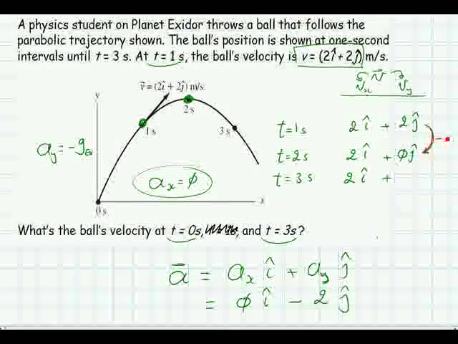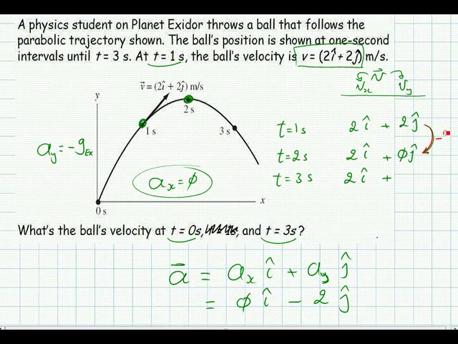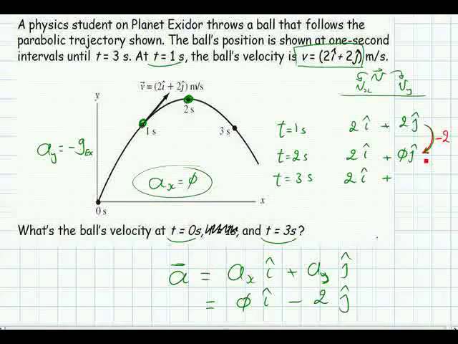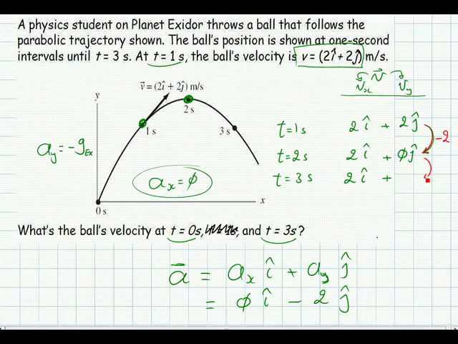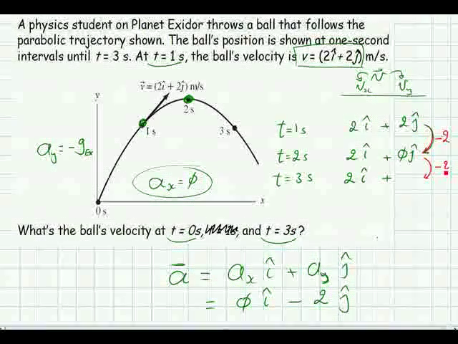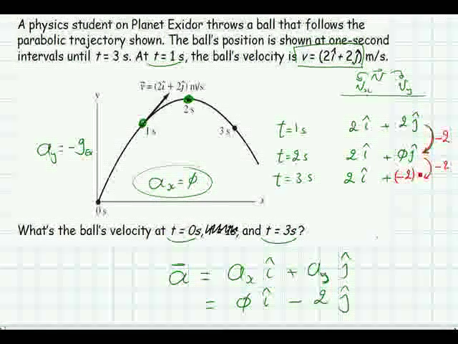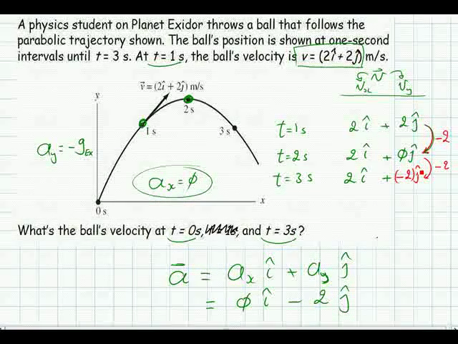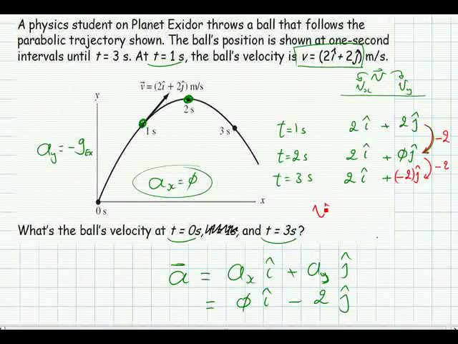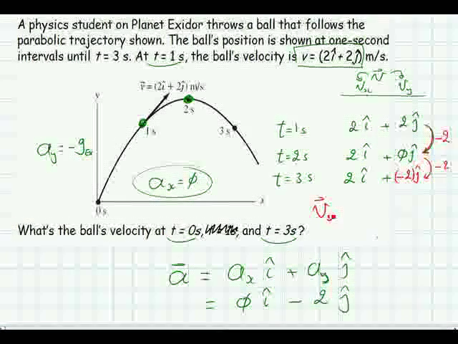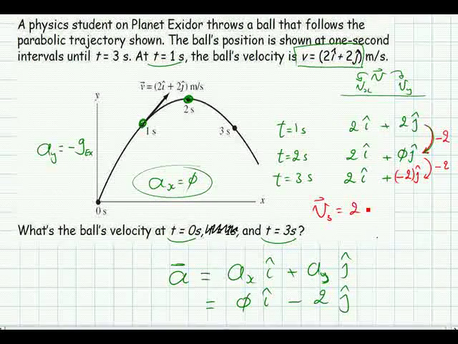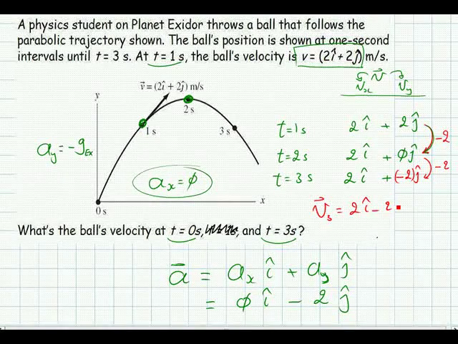That means the change in the y component of the velocity is negative 2. That change is the same going from 2 seconds to 3 seconds. Therefore, the y component of the velocity becomes minus 2j. So my velocity vector at 3 seconds is 2i minus 2j.